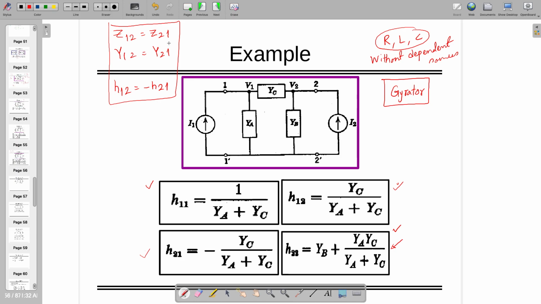You will always have the same answer. You must have experienced similar things when writing the Z matrix and Y matrix, right? The upper triangular and the lower triangular were both the same in the admittance matrix and impedance matrix. If you are writing the H matrix, which is hybrid, then the lower triangular will be minus and the upper will be plus. Right? Okay.